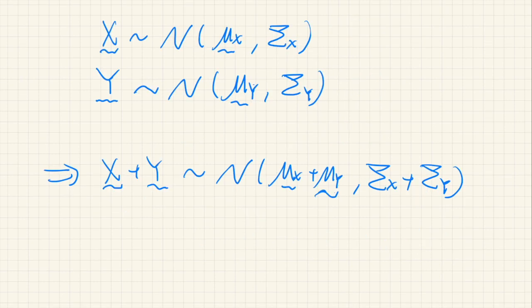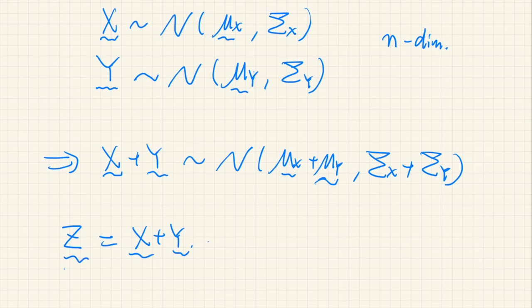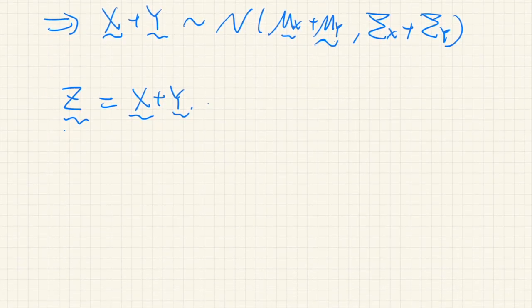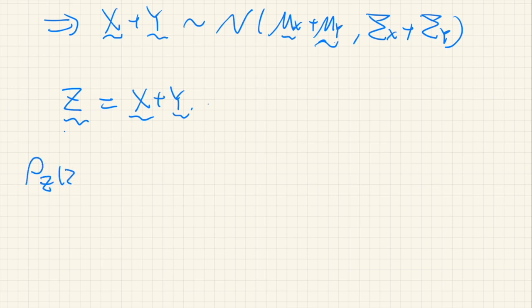Okay, now we are ready to prove our main result. Let's assume these vectors are n-dimensional vectors. Let's first define a random variable z that is x plus y. By the way, we are assuming x and y are independent of each other. We want to find the density function of z, and that is calculated as the product of the density functions for x and y.